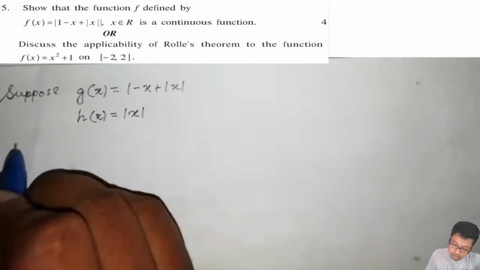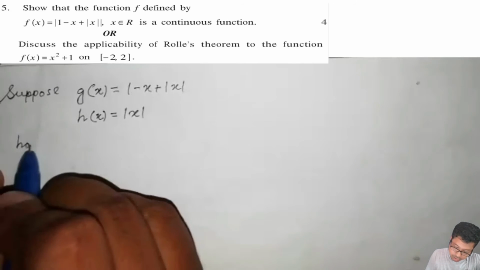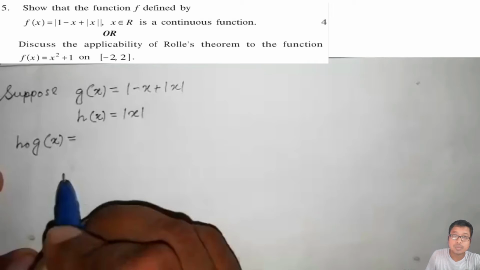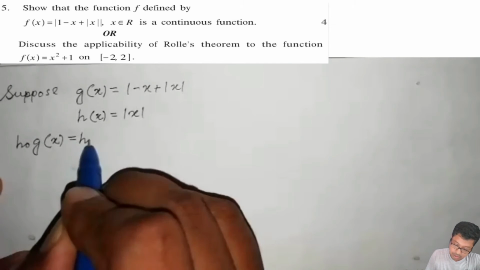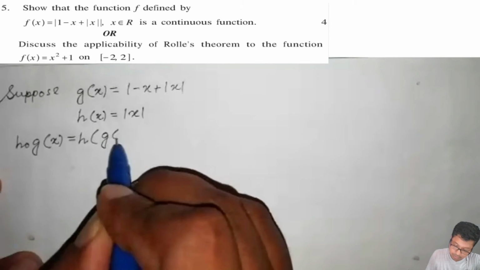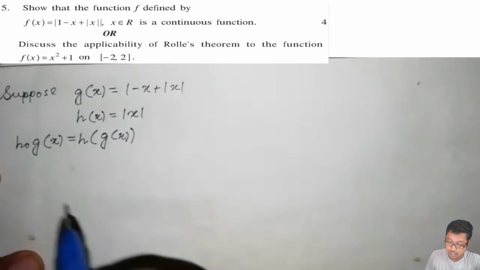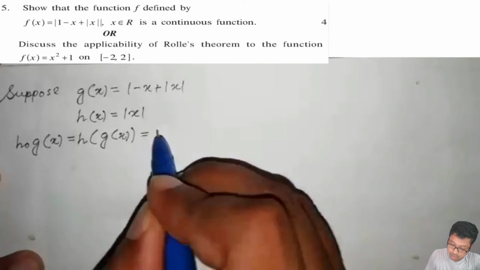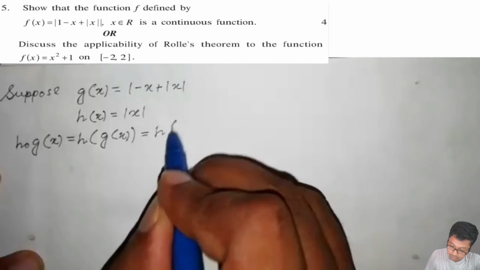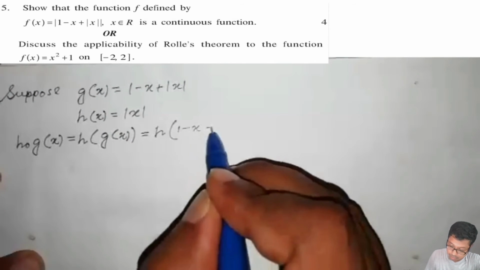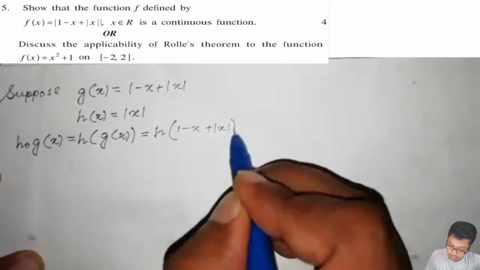Okay, I'll just try to find h dot g of x. This is equal to h of g of x, from the definition of composition of two functions. So this is equal to h of g of x, which means h of (1 minus x plus modulus of x).